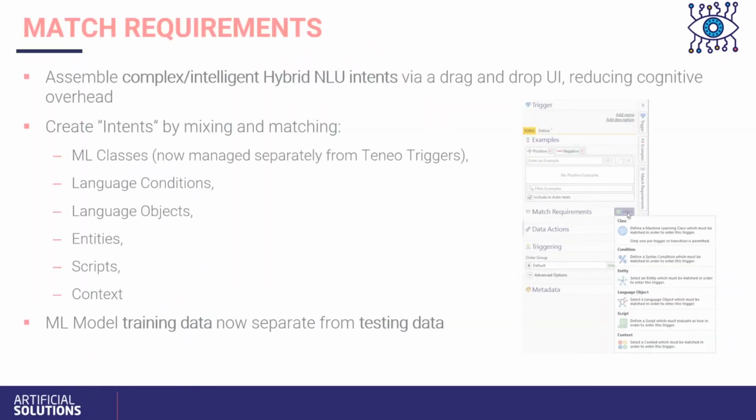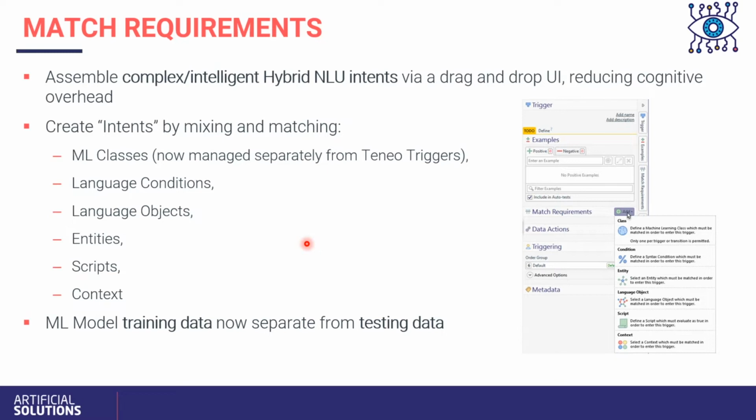Then the next major change we have in terms of flows and triggers is that we have simplified the triggers. Where in Teneo 5 we had different kinds of triggers depending on how you would want to understand the user input, now in Teneo 6, we only have one kind of trigger.